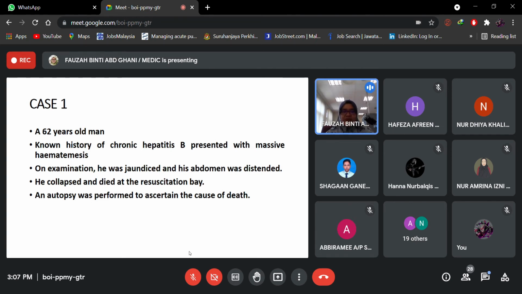I just want to see how much you understand by this piece of information. The patient was so severe that he collapsed and died in the resuscitation bay.